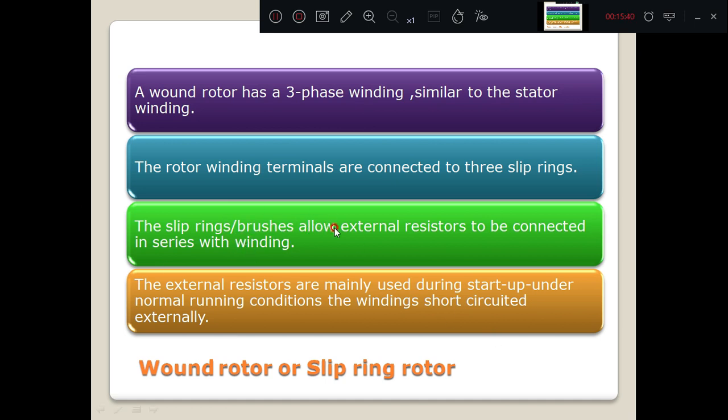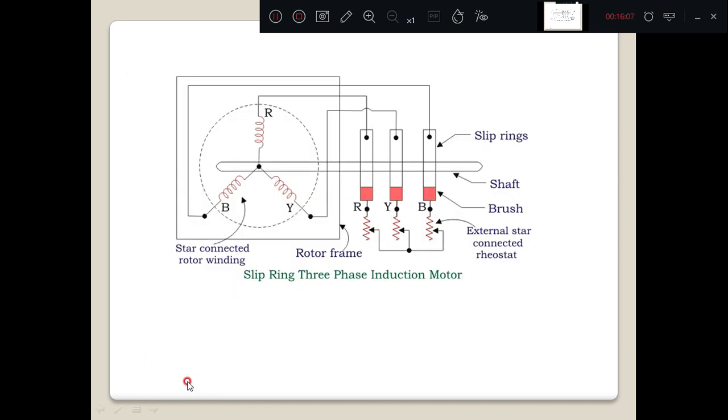The slip ring brushes allow external resistance to be connected in series with the winding. The external resistors are mainly used during startup. Under normal running condition, the winding is short circuited externally. Once again, these rotor conductors are short circuited. The conductors are brought outside and short circuited through external resistance. This is RYB of the rotor winding.